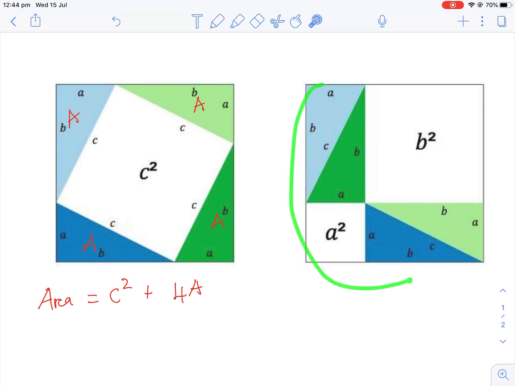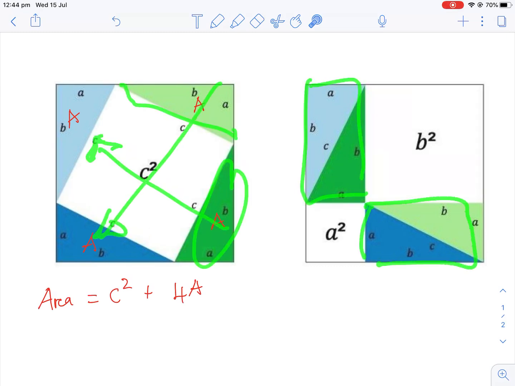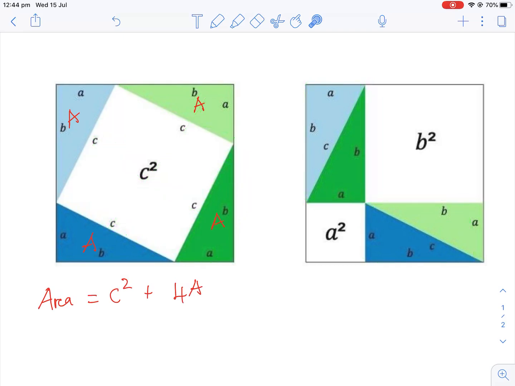And same here. So in this square, I'm going to shift this one up here to make this shape, and shift this one down here to make this shape. So they are exactly the same.